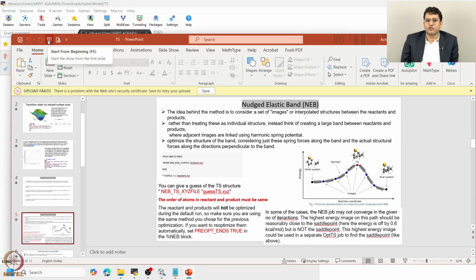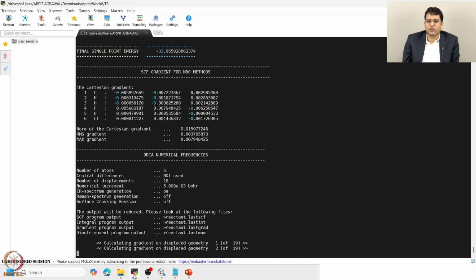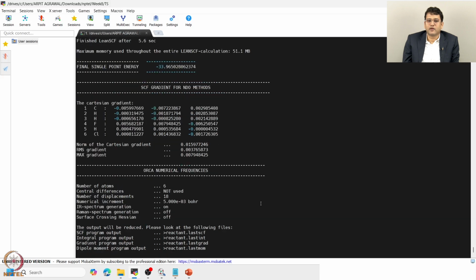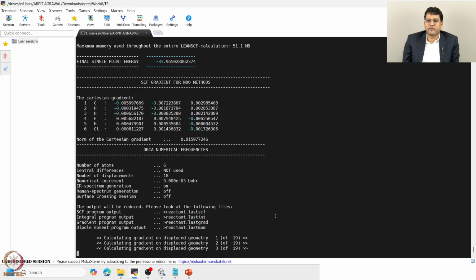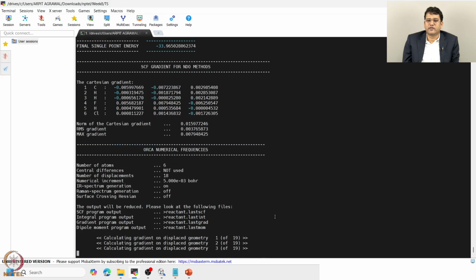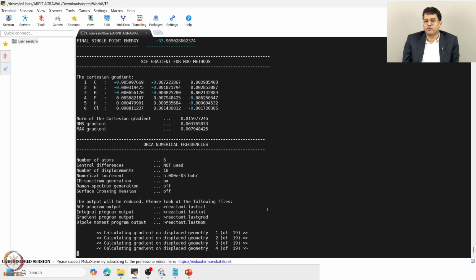Okay, few things to tell here is that the order of atoms in reactant and product must be same. So you have to make sure while you are preparing it that your order of atoms has to be identical irrespective of how you are preparing it. So that means it's a good idea to start either with the reactant or the product, first optimize that structure and then modify.